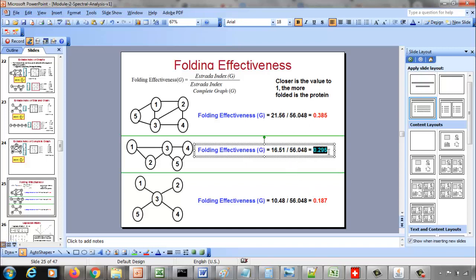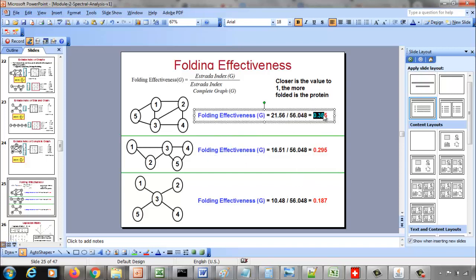So now if someone tells me that the folding effectiveness for this graph is 0.385 and for this graph is 0.295, I can interpret the two numbers and say, okay, this graph is relatively less folded, and I can have a feeling of how much less folded it is compared to this graph.